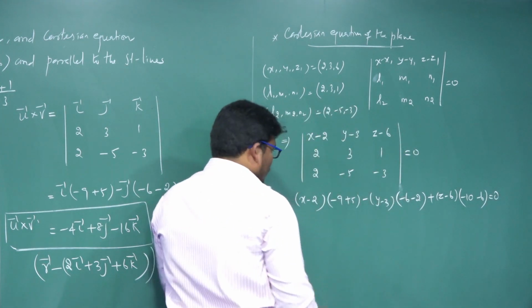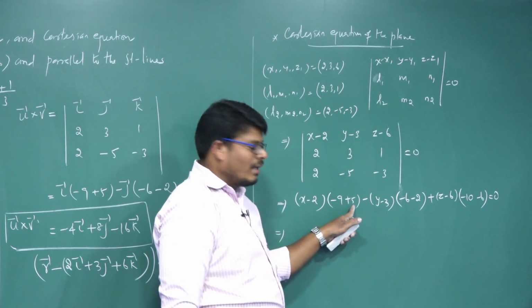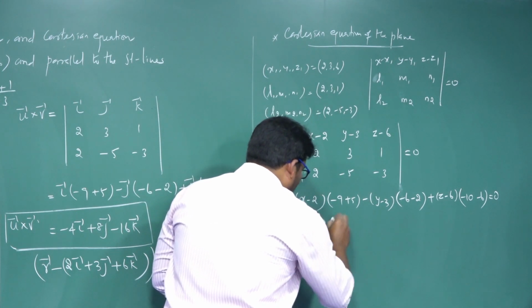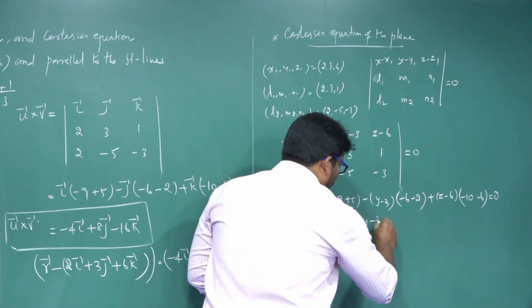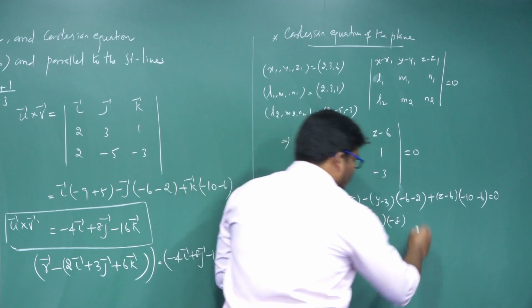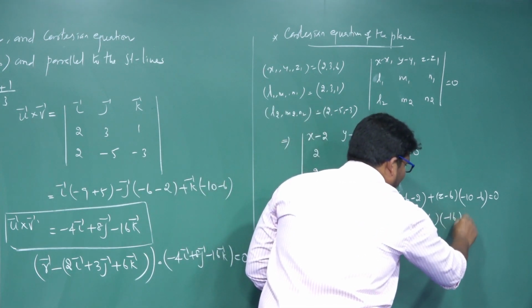That implies minus 9 plus 5, minus 4, x minus 2 into minus 4, minus of y minus 3 into minus 8, plus z minus 6 into minus 16, equal to 0.